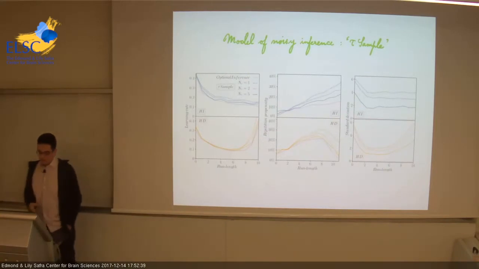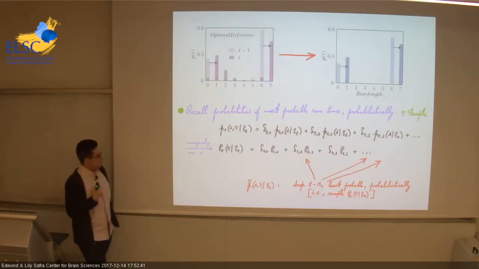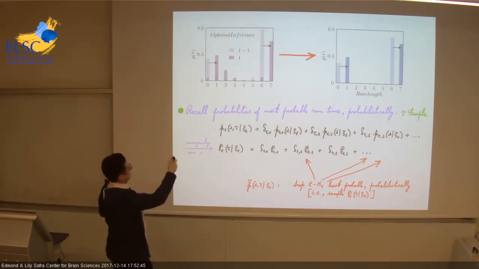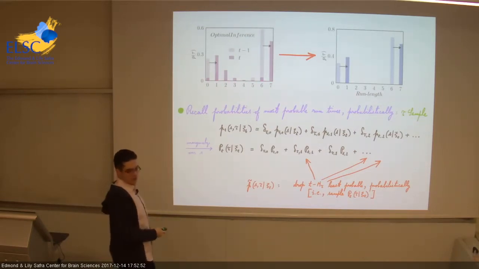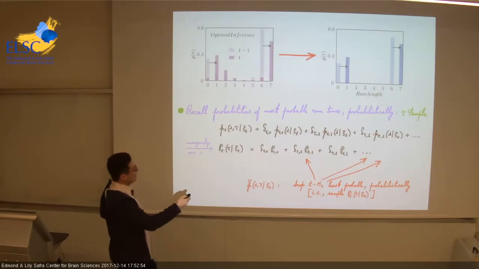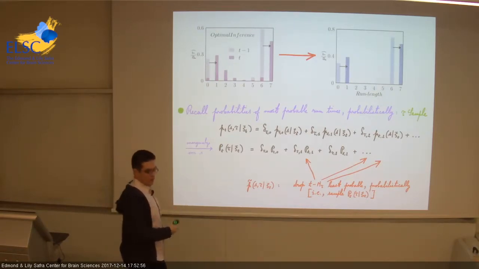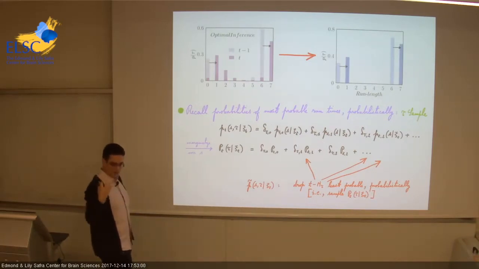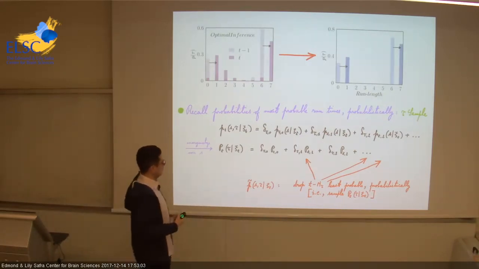Okay? Now, basically what we do here is we say the true distribution has all the possible run lengths with non-zero probabilities. From it, I will sample a few, maybe 1 or 2, and I will store this in my internal computation.